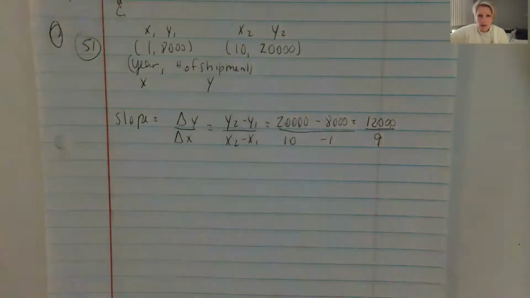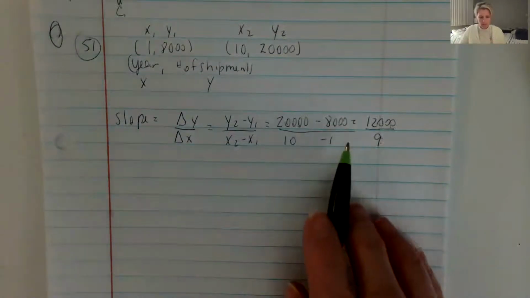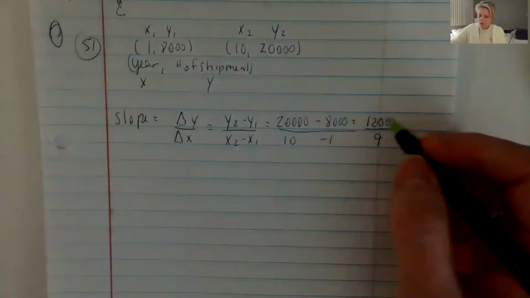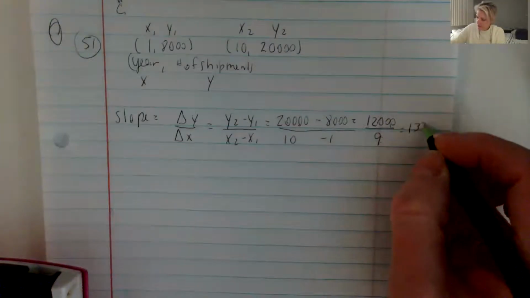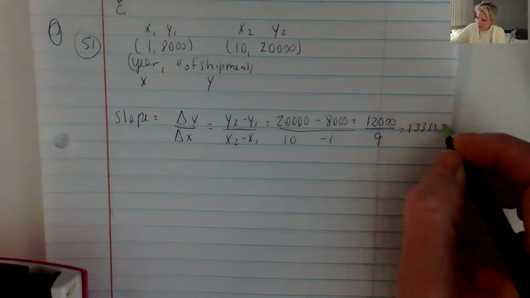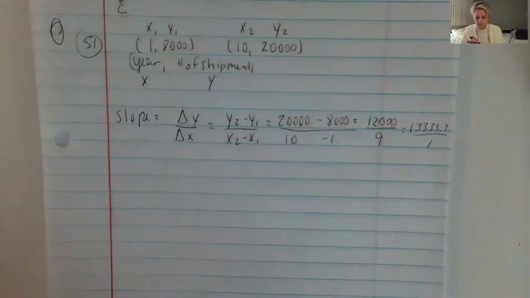Okay, but we want to know what the slope is, and the slope is a per unit rate of change. So we're going to take 12,000 and divide that by 9, and we get about 1,333.3 per one.